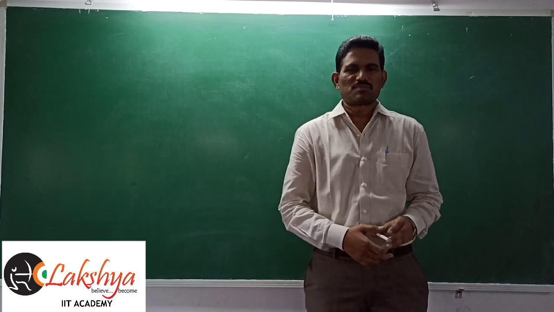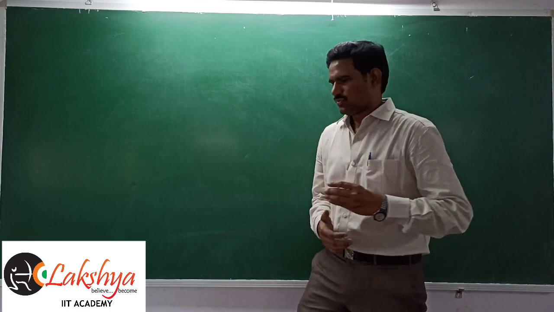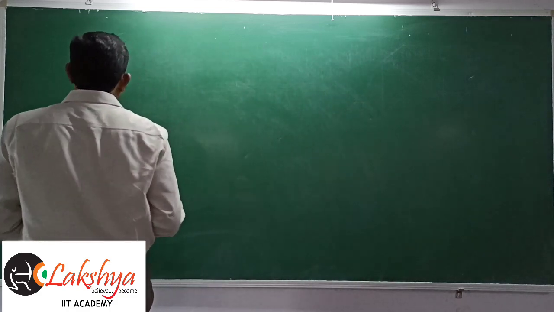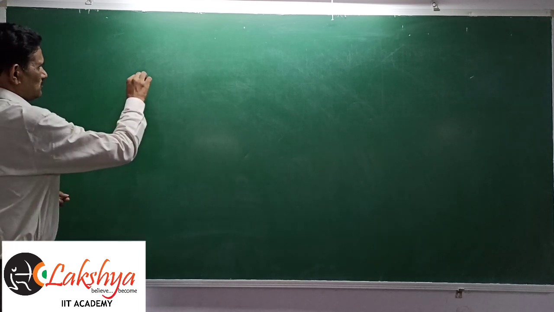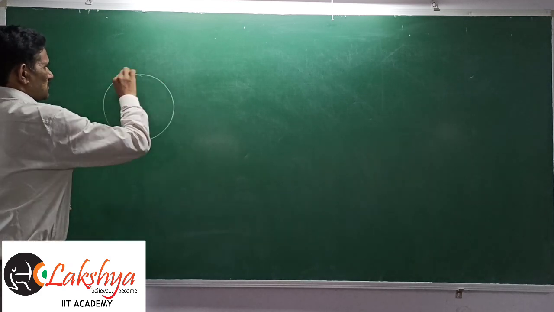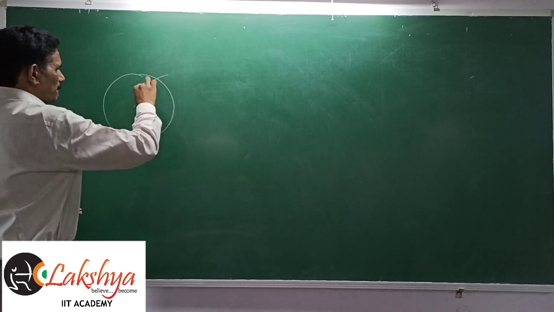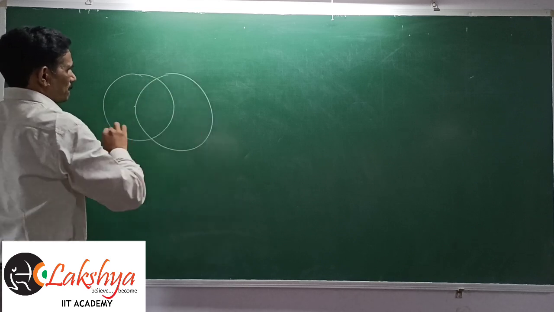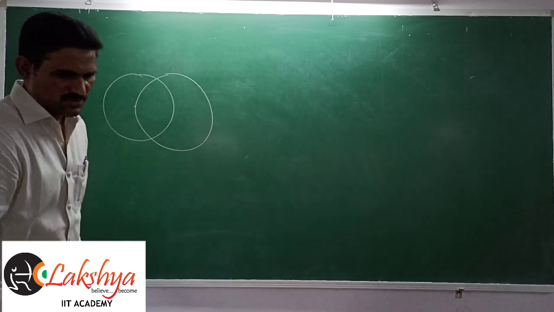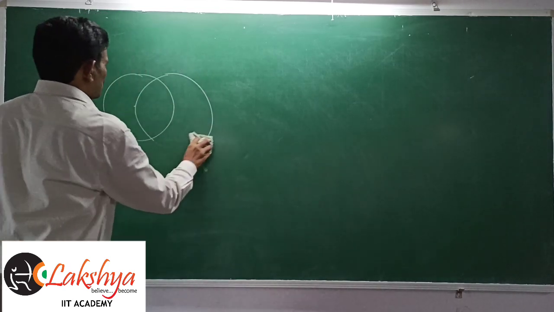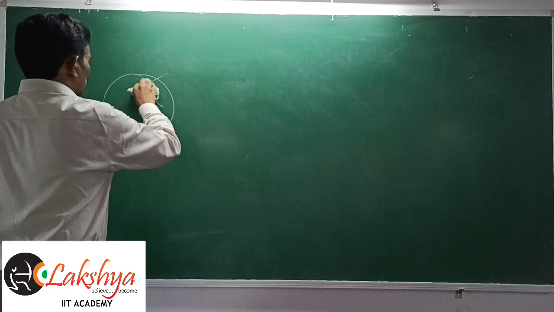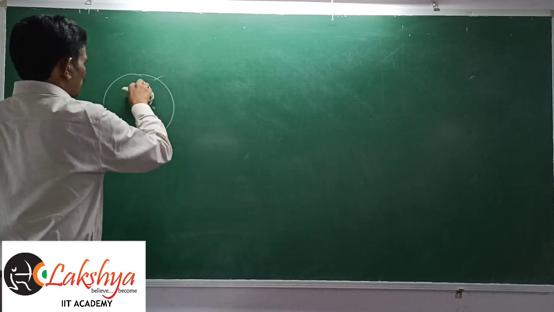In that, I am taking a case like, let's say, a circular ring. Let us consider an imaginary sphere, and through the center of the imaginary sphere an imaginary ring is passing.